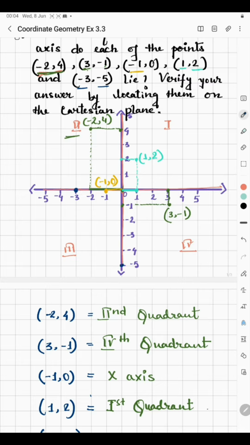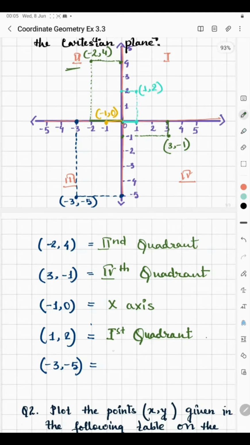So here is -5. Now from -5 if you draw a perpendicular line, and from -3 if you draw a perpendicular line, both lines meet over here. So this is the coordinate (-3, -5), and it lies in the third quadrant. So we'll write third quadrant.